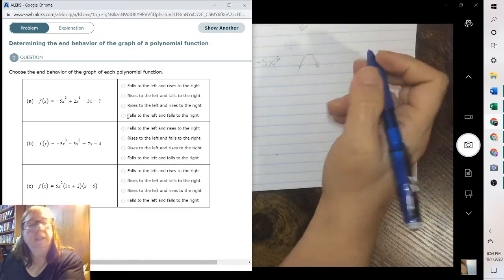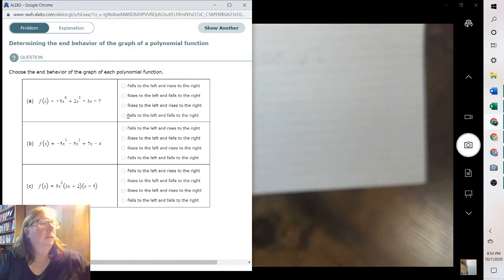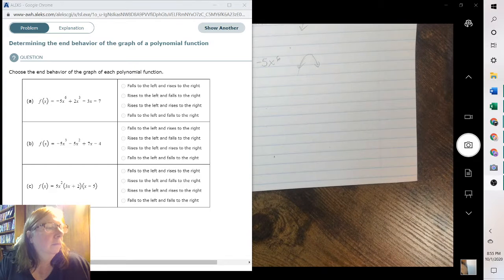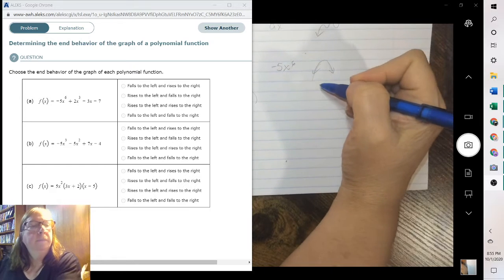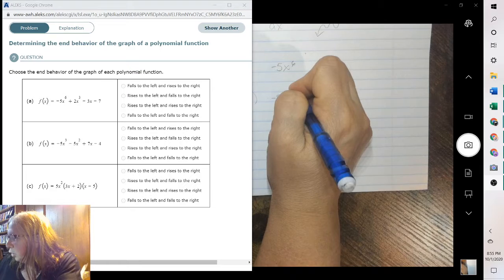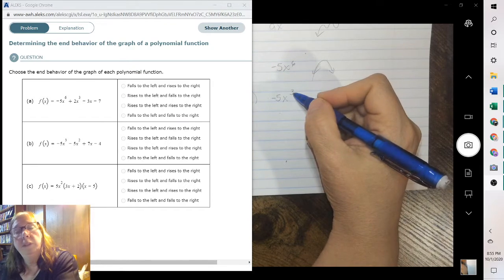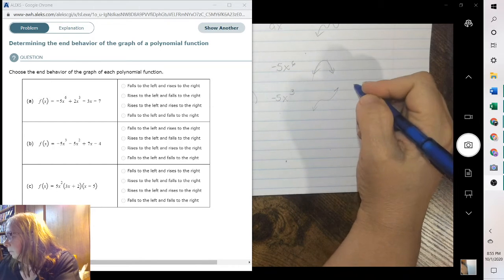Okay, let's look at the next one, B. In this one, negative 5x cubed. So it's odd, which means it looks like a snake.